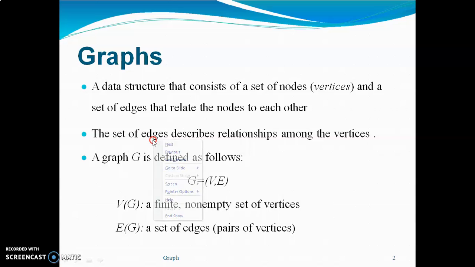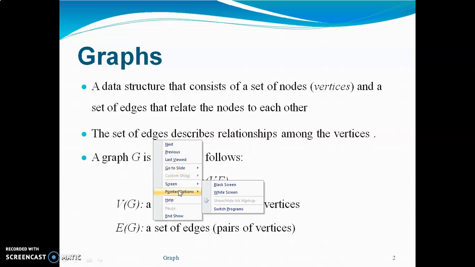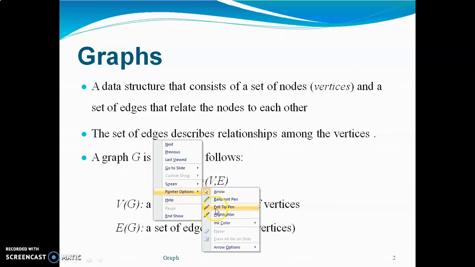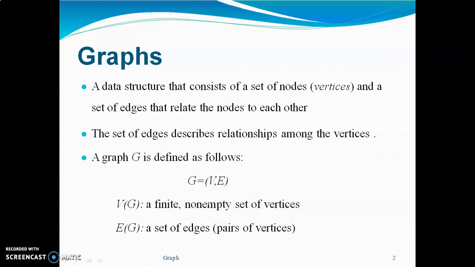So if a graph is created with multiple edges and multiple vertices, then that graph is represented as G = (V, E). G is a graph.